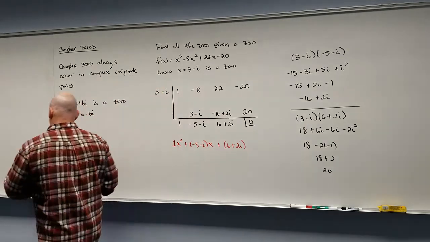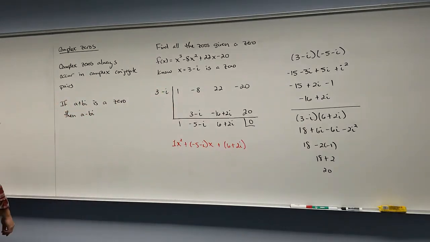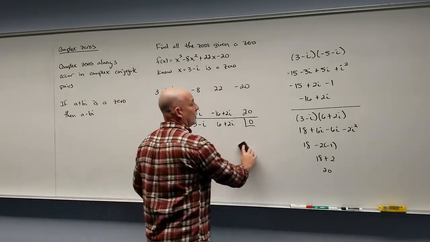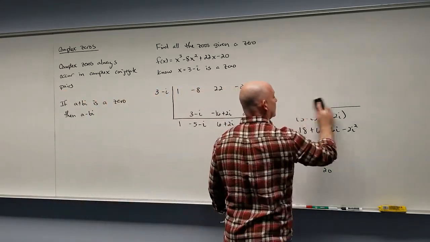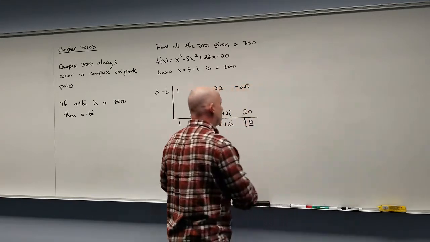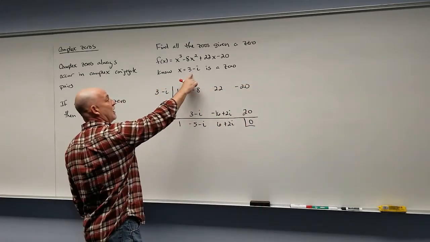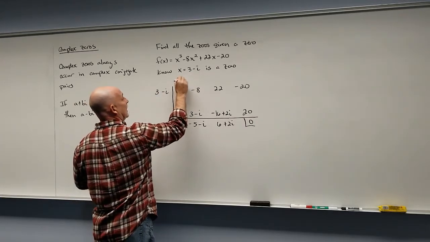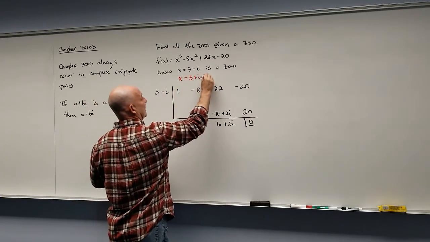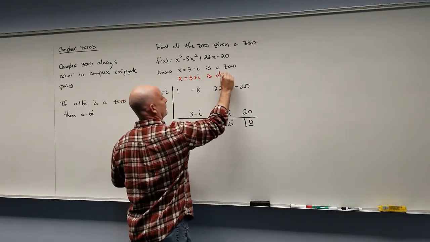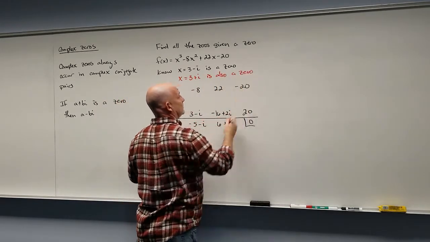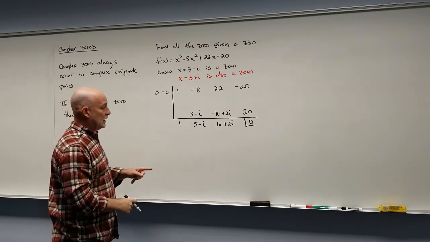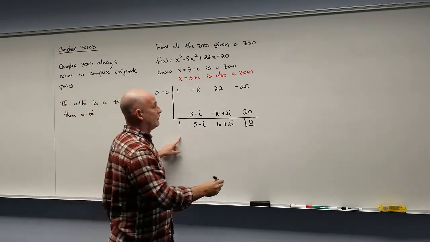So what we need to do is use a fact we know about complex zeros. Complex zeros always occur in conjugate pairs. So that means if x equals 3 minus i is a solution, then x equals 3 plus i is also a 0, or a solution.